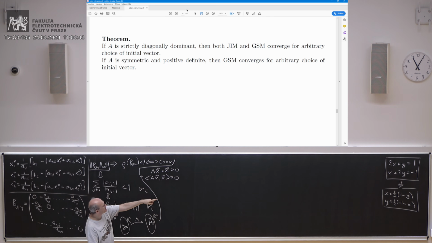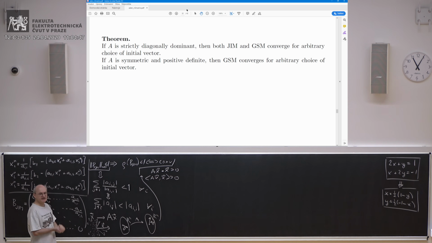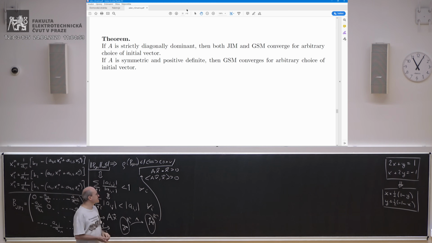Is that a symmetric situation? Yes, that's a symmetric situation. And positive definite, then you have convergence for Gauss-Seidel, not for Jacobi iteration. But in applications, people usually prefer Gauss-Seidel, actually. So that's a guide how to recognize situations when we may want to use iteration instead of elimination.